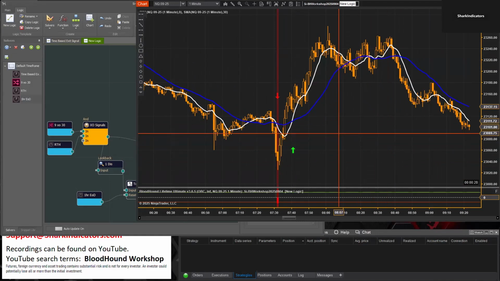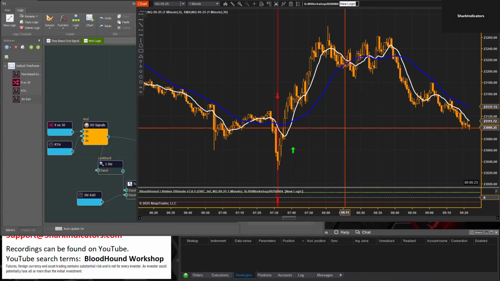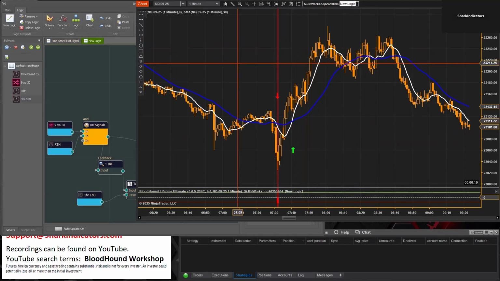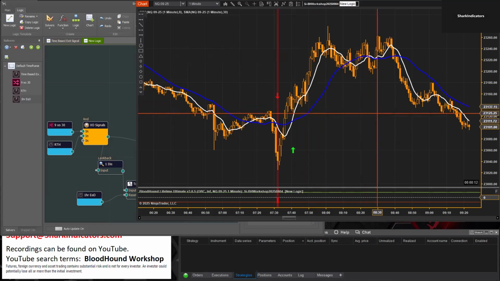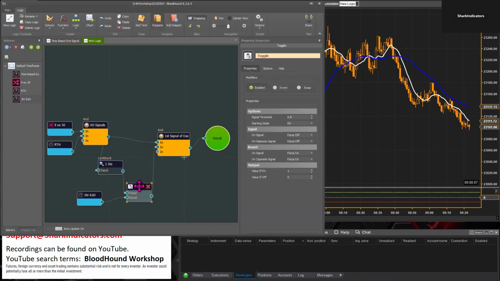It's going to be a lot of bars there to get to the next day, right? Obviously I'm on a 1 minute chart here, so we can count that, but what if you're trading on a range chart or a tick chart, right? You have no idea how many bars it takes to get to the next day. So in that situation, the toggle node is going to kind of work out better here.